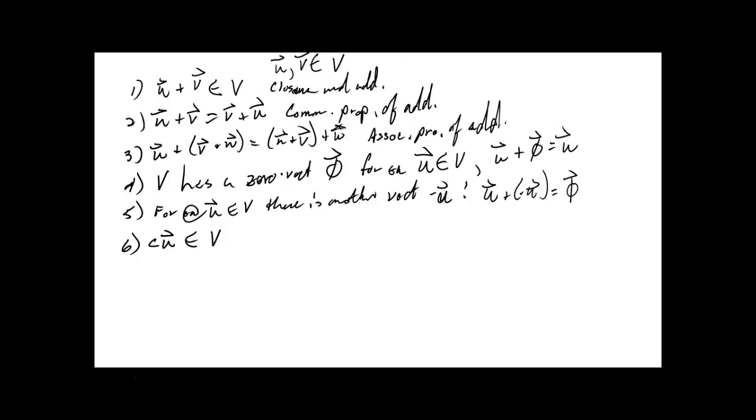Oh, and by the way, number 4 was the additive identity element, and number 5 was the additive inverse property. And this is closure, to write it the same way they did before, of scalar multiplication.